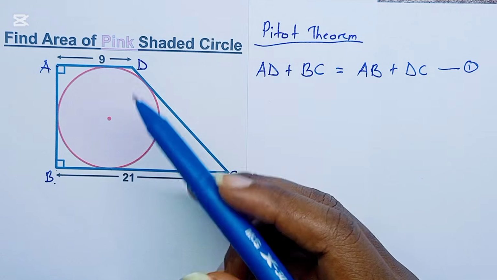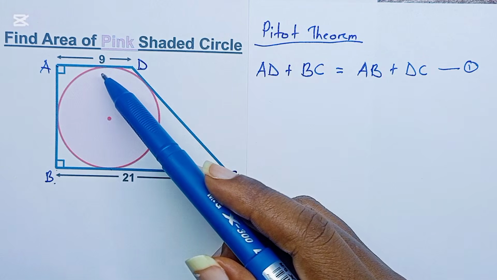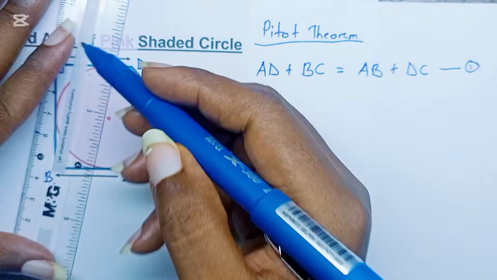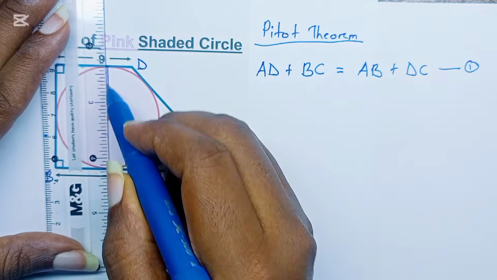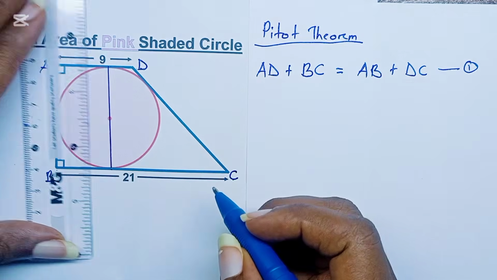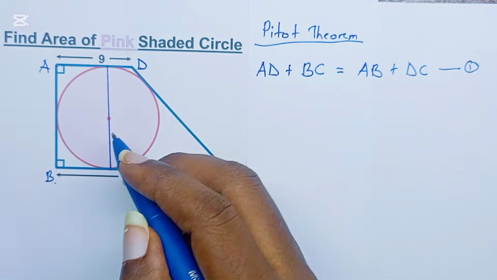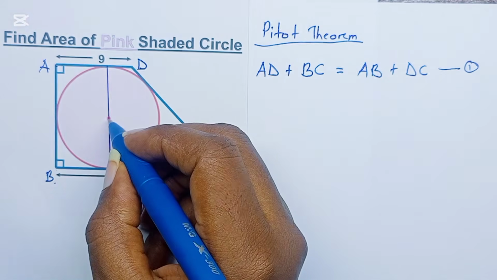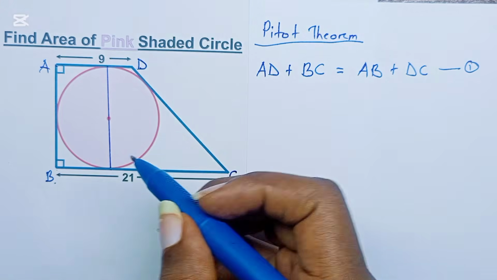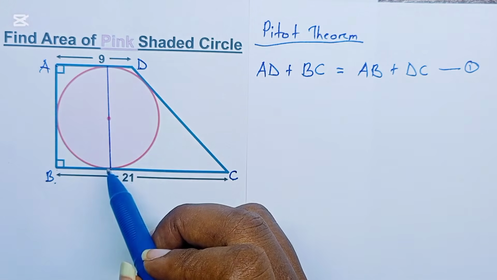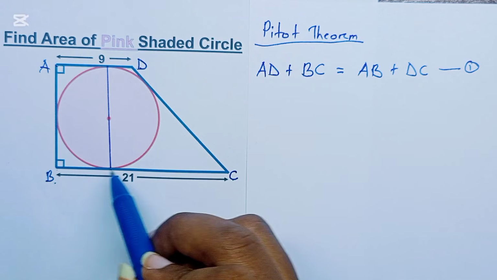Next step, let's draw a vertical diameter passing through the center of this circle. We can see it's passing through the center and it's the diameter of this circle. From here to here is a radius and it's tangent to this line.